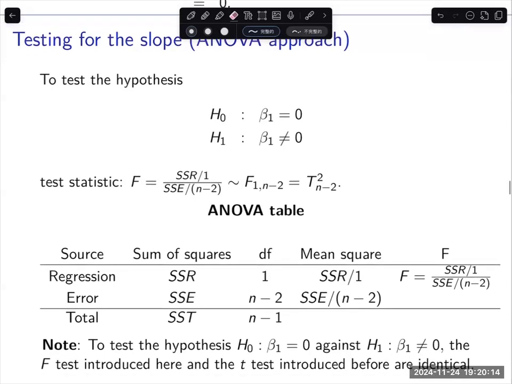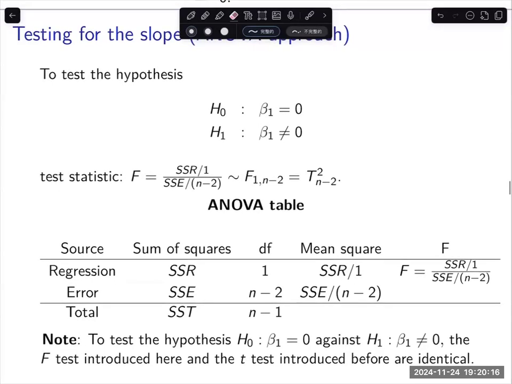And we are going to have the analysis of variance table looking like this. In general, the first column lists the name of the source of data variation. One is due to regression, the second is due to the random error or residual that can't be explained, and the last one is the total variation.